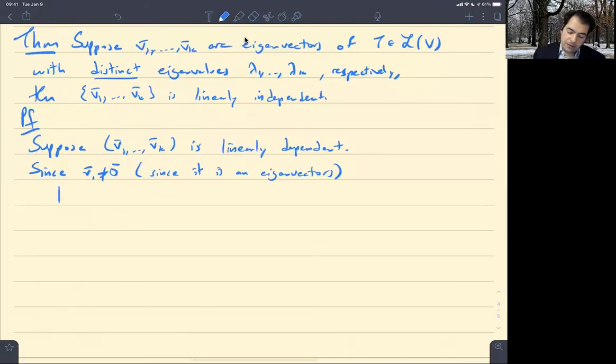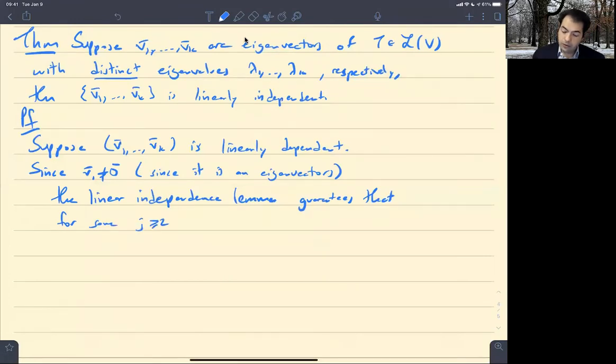Then the linear independence lemma guarantees that for some j greater than or equal to 2, vj is in the span of v1 through vj minus 1.